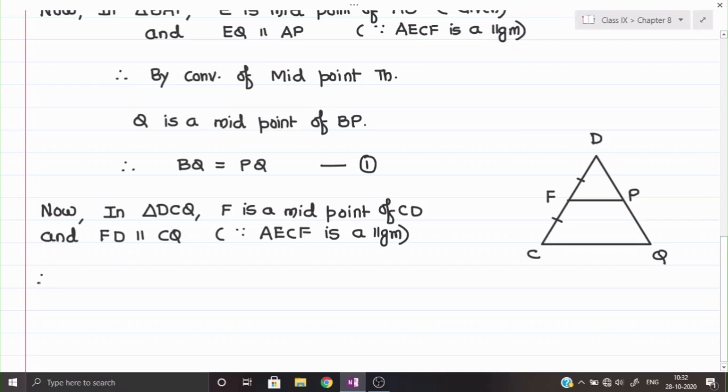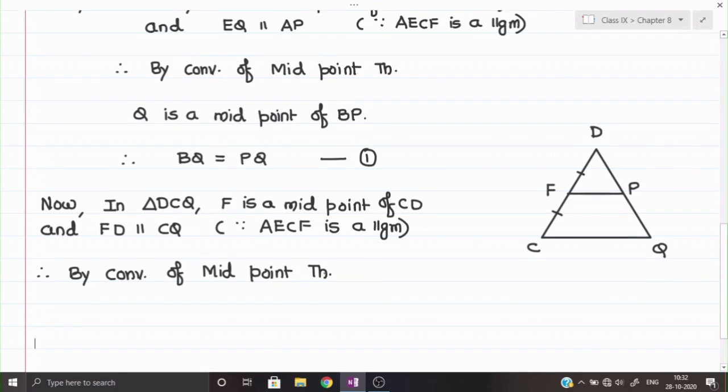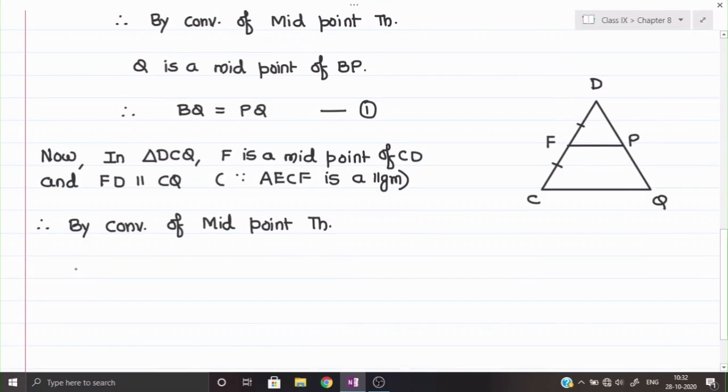Now we can say therefore by converse of midpoint theorem, again we can apply converse of midpoint theorem, we can say that P is a midpoint of DQ. Okay, and if P is a midpoint of DQ, it shows DP and PQ are equal.